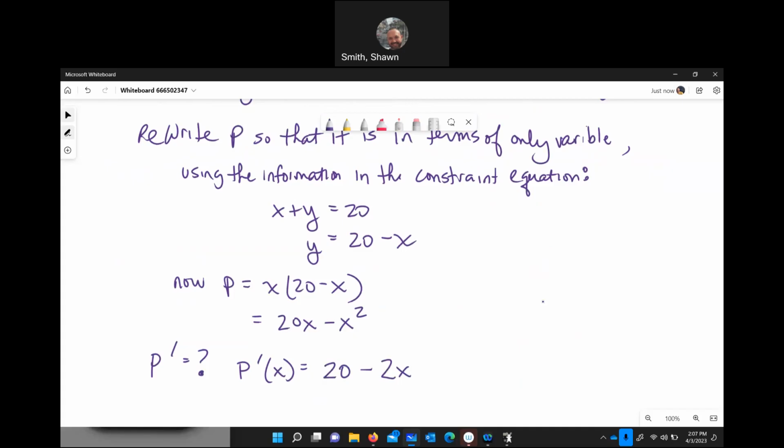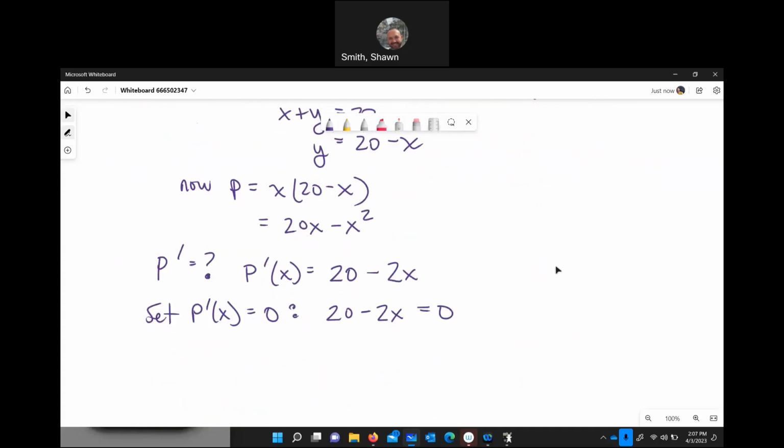Where do maxes and mins occur? At critical points. This is nothing new, right? So the next thing I want to do is set this equal to 0. 20 minus 2x equals 0. X would be 10, right?